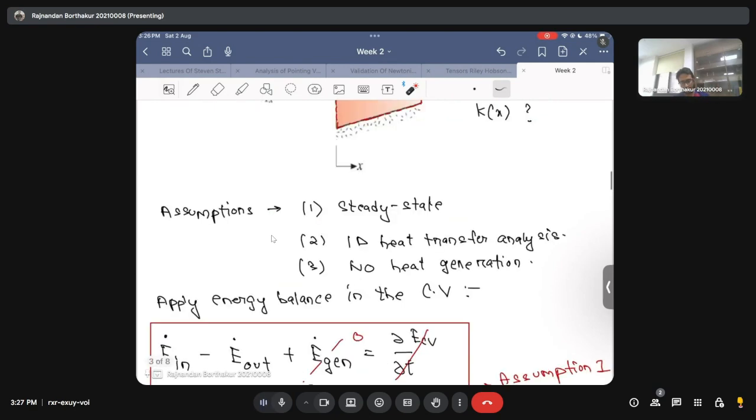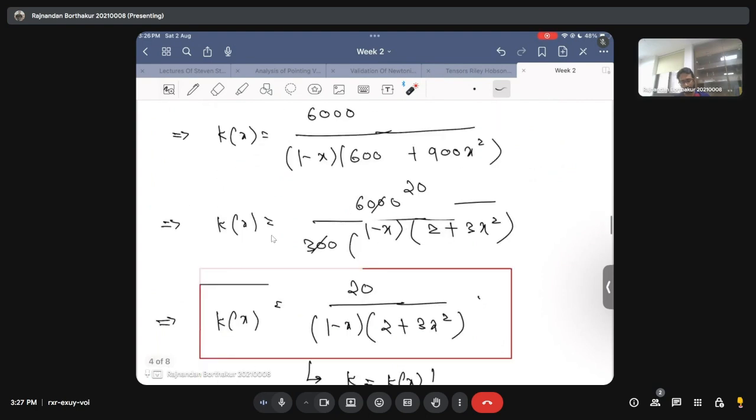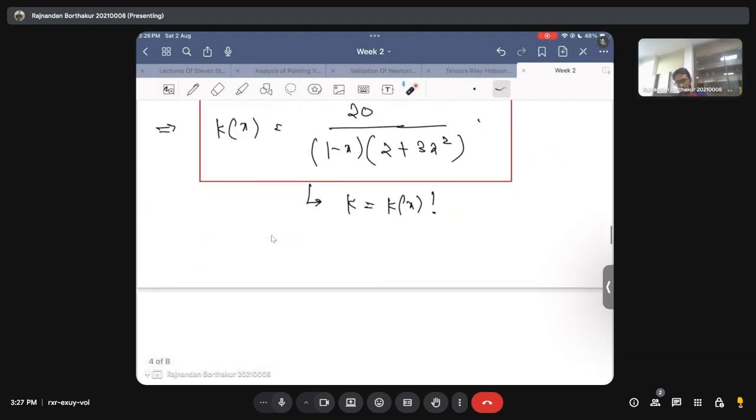Okay. So that's not been asked in your problem, but you can say that. So the question that I want to ask is, will the flux q double prime in the x direction be a function of x?